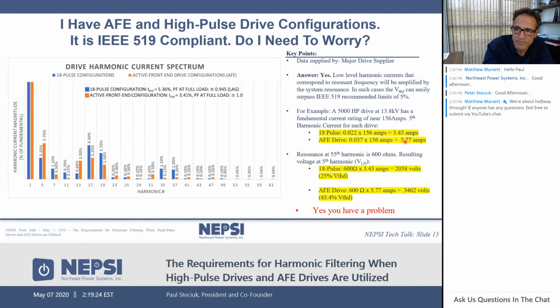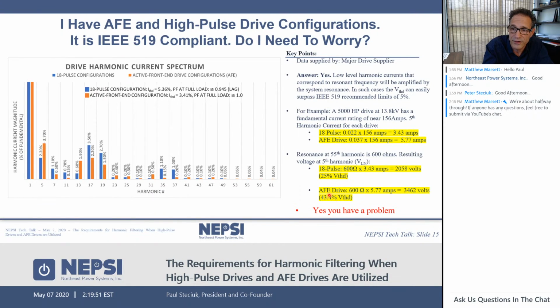So not a significant amount of harmonic current, and oftentimes you would hear engineers say, well, it's only 3 amps or it's only 4 amps. I have nothing to worry about. But the reality, you do. If we do the calculations for the 18-pulse drive, you'll see here that you have near 2,000 volts of 5th harmonic voltage, which equates to a 25% total harmonic distortion, VTHD.